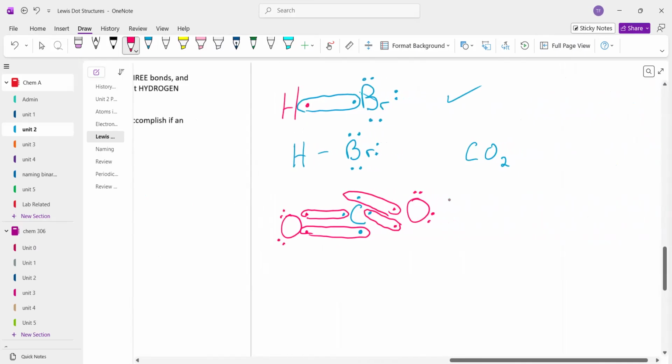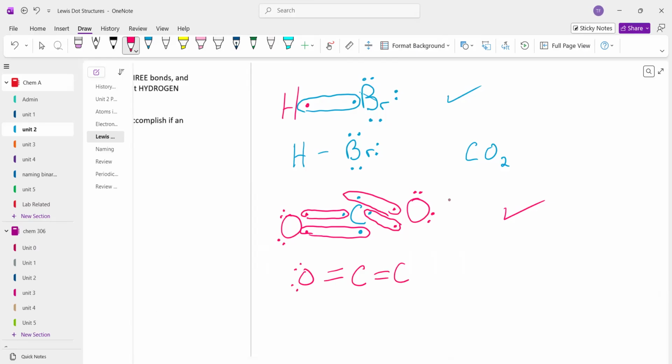This oxygen has one, two. And carbon has one, two, three, four. So this is a legal Lewis structure. The next step is we're going to add lines where the bonds are. Carbon dioxide.